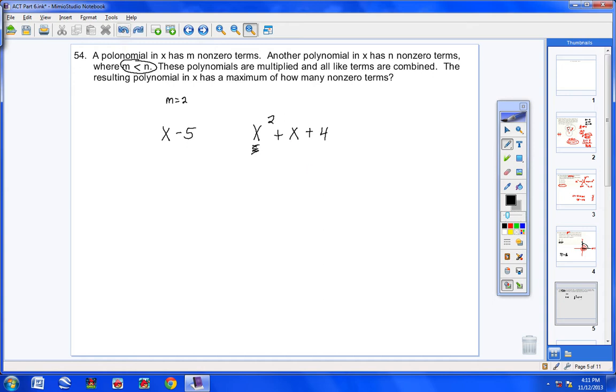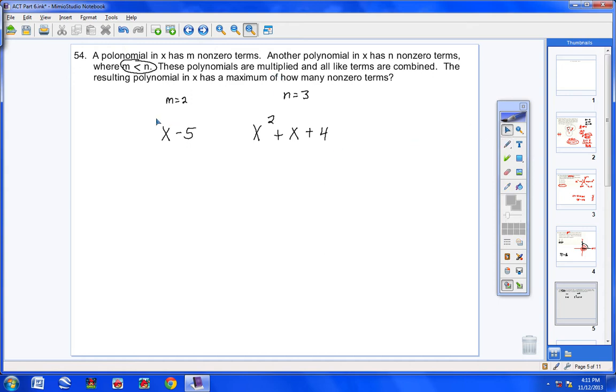So there I have a polynomial expression with n non-zero terms. And how many non-zero terms do I have? 3. So n equals 3. Now I'm just making these up, and that works because m has to be less than n, and notice m is 2 and n is 3, so 2 is less than 3. So we're good.